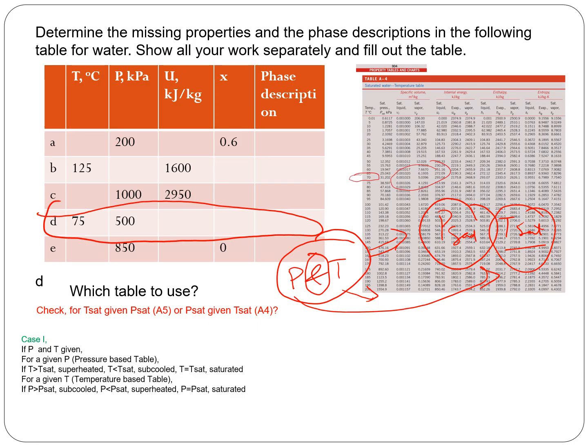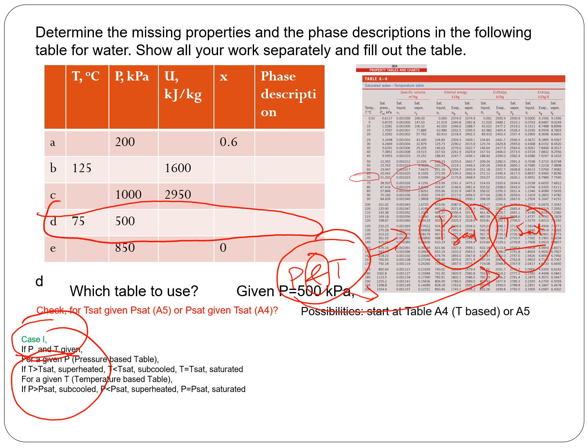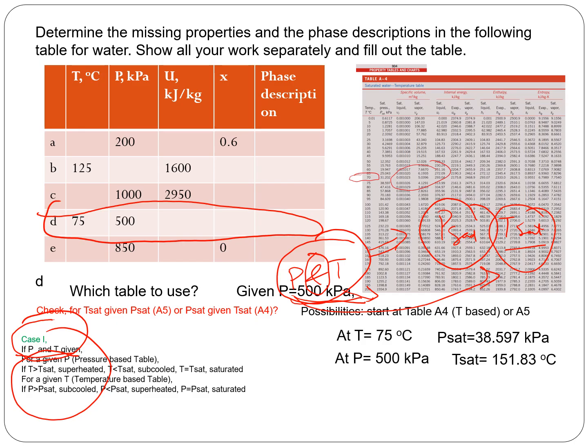If you just look at A4 and then compare the pressure value, that's also fine. So the key is, in this case, if pressure and temperature are given, you need to compare with the saturation pressure or the saturation temperature. Given 500 kilopascal, if you want to look at the pressure base table, or you can look at the temperature base table.